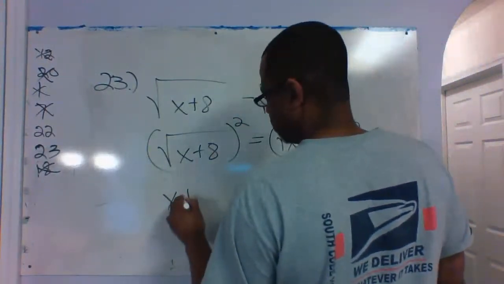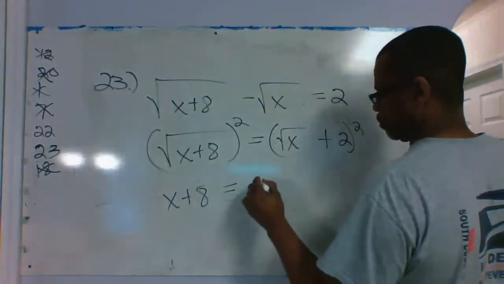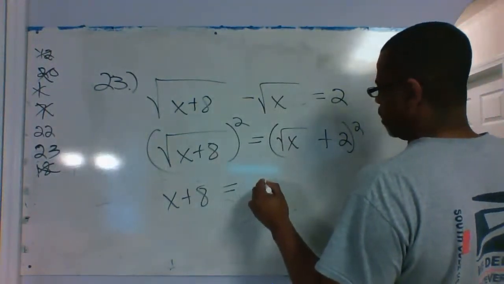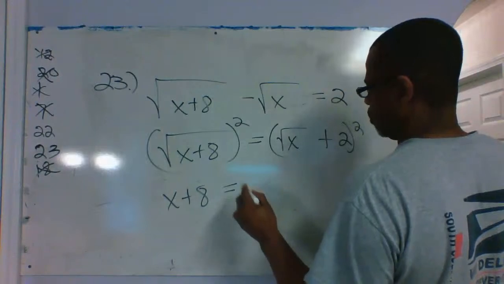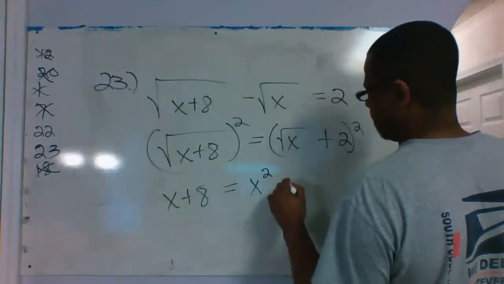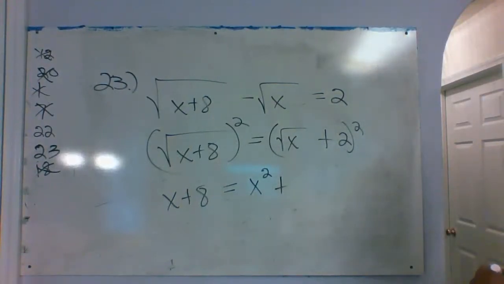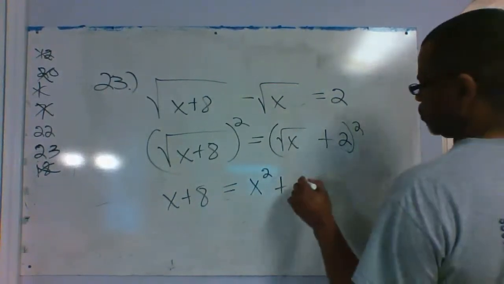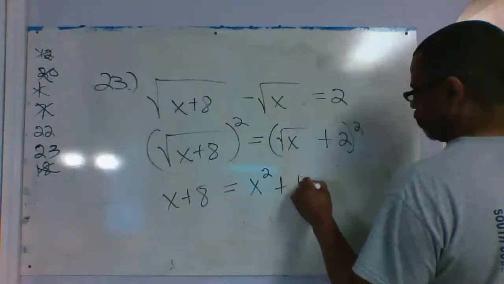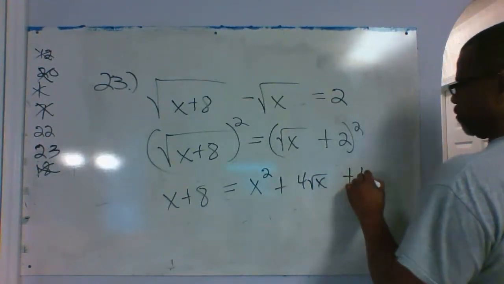So that's just going to be x plus 8, equal to x squared plus 4 times the square root of x plus 4.